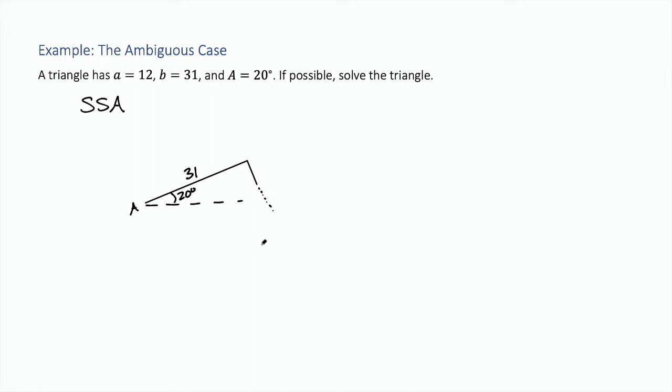But we're going to start with the law of sines. Now this side length B and this side length A, we can find the angle B. Or we can try in the law of sines. So sine of the angle A, 20 degrees, over the side length A, 12, equals sine of the angle B over the side length B. I'm going to go ahead and solve this as if this is going to work out, and then we'll see.